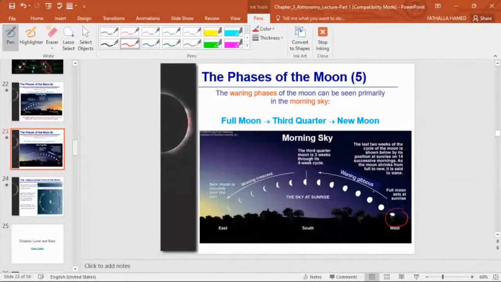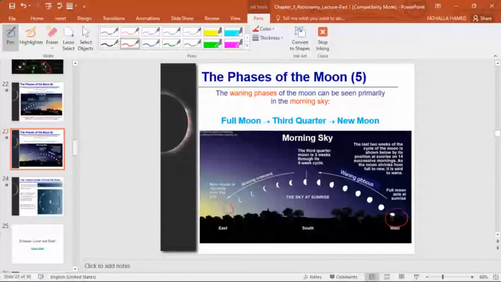So if you track the phases of the moon that you can see during the morning sky, this is where you're basically going to see the crescent. The last waning crescent here will be in the east just before sunrise. So there is a difference.